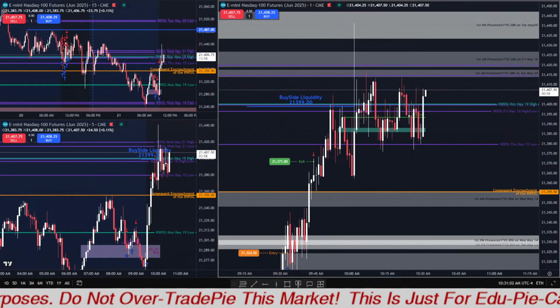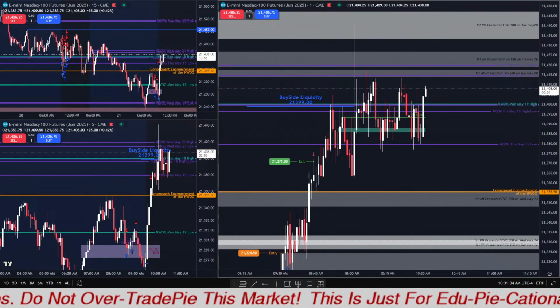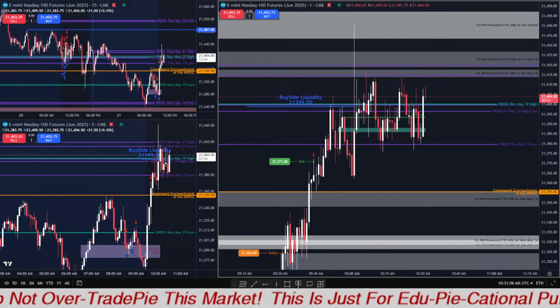Well, the 10:30 candle was a big white candle, very nice.